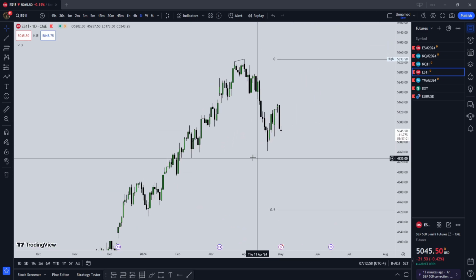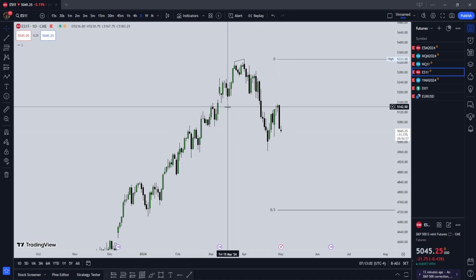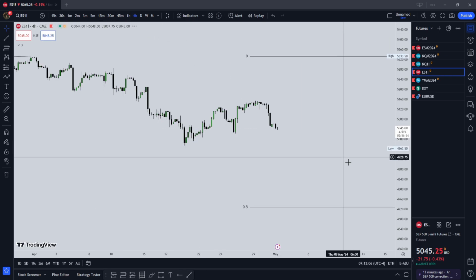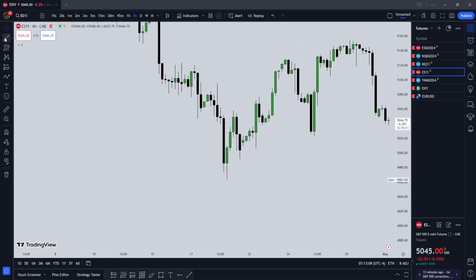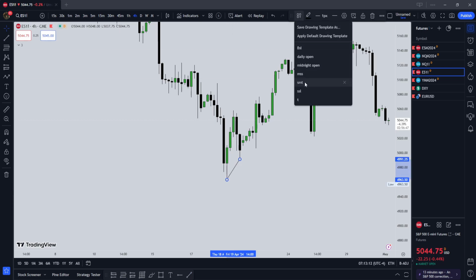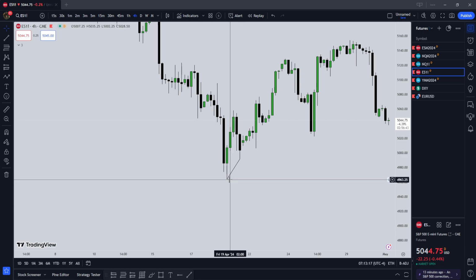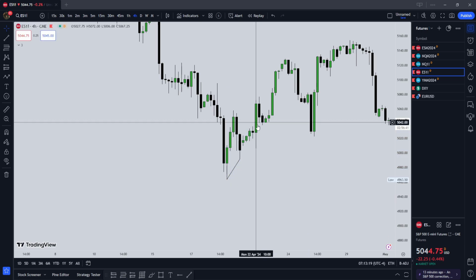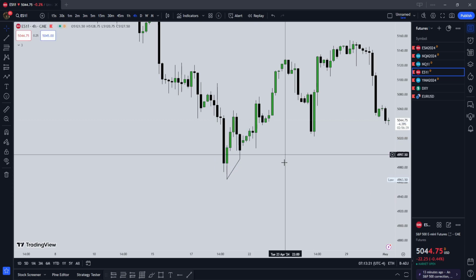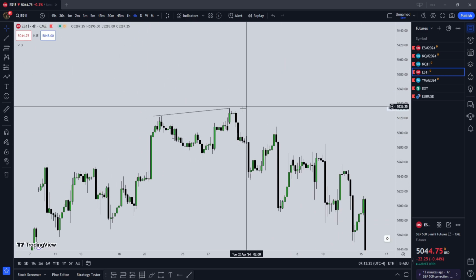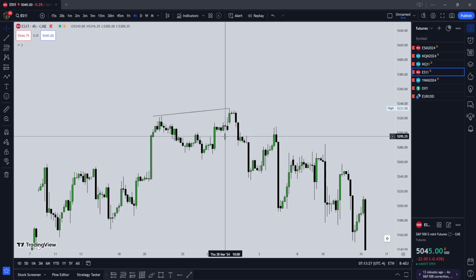Okay, so how can we use SMT in our trading? Let's look at it closely. Mainly, ICT says it is preferable to trade the asset that makes the higher low in this bullish example, or in the bearish example, whichever makes the lower high.